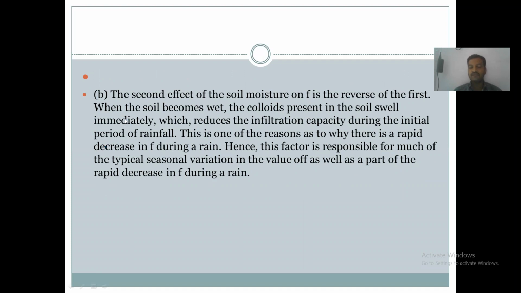So when the soil is in wet condition, it will swell. When it absorbs the water, the soil will expand. Expansion will occur. Soil will swell. So like I mentioned, swelling of the soil.